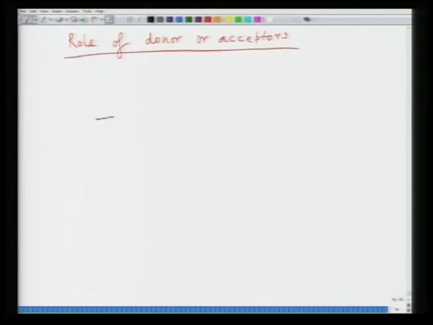Another thing that you would like to see is the role of impurities, the role of donors or acceptors. Now, I make a band gap like this, this is your EC, this is your EV.